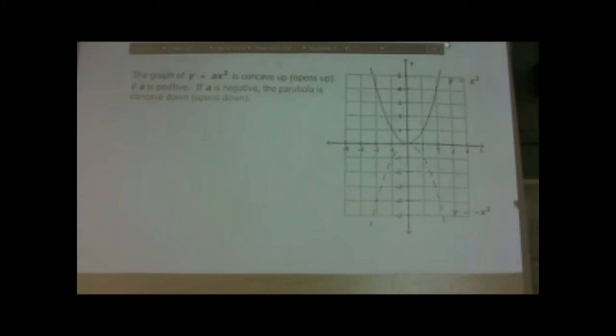And when we say concave up, we mean this opens up. Down here, this is concave down. It opens down. So why don't we label that so we know which way our graph is going to look. This is concave up. This is concave down.